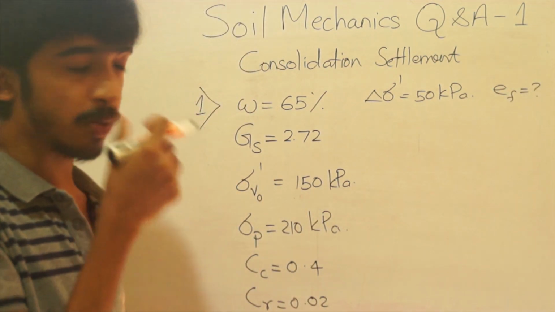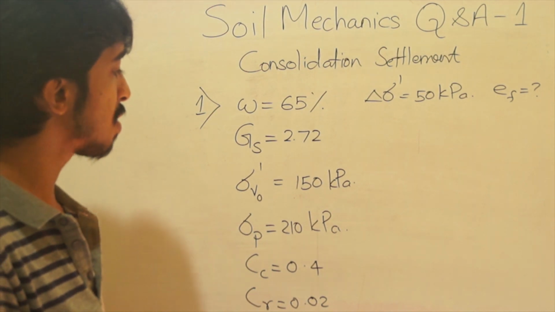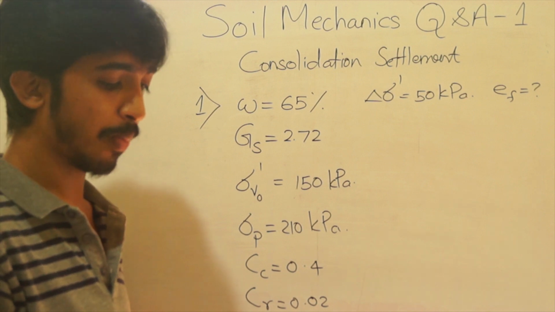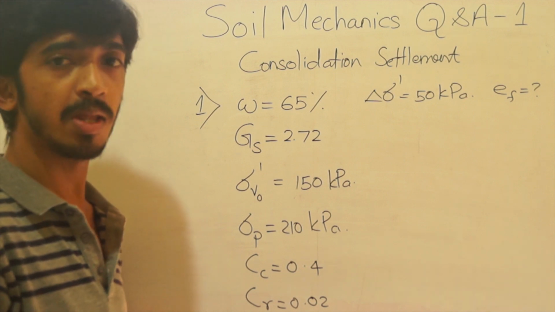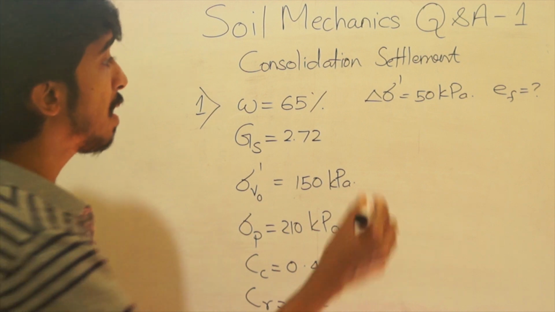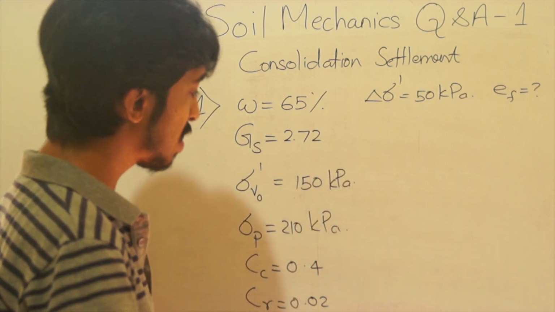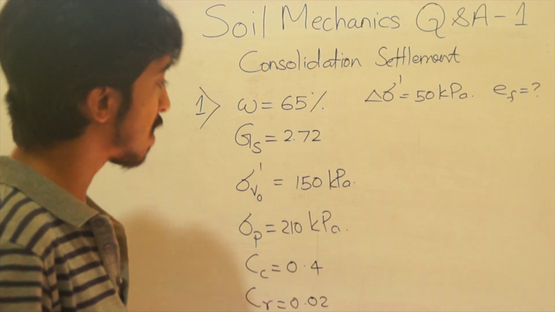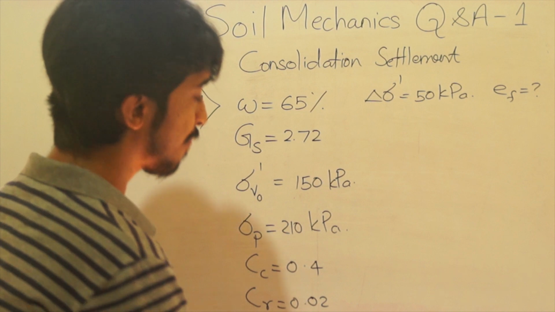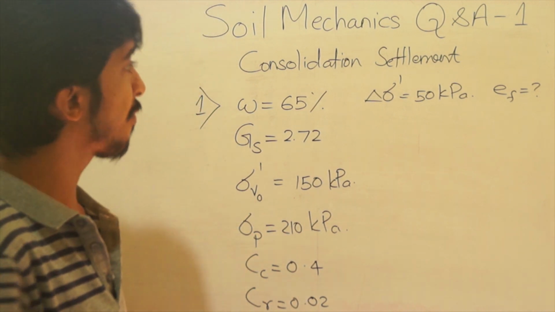So here first we have to consider whether the soil is in an over-consolidated state or normally consolidated state. Even in the question they have stated it as normally consolidated. You can even check that the initial load is 150 kilopascal and the load increment is 50 kilopascal.